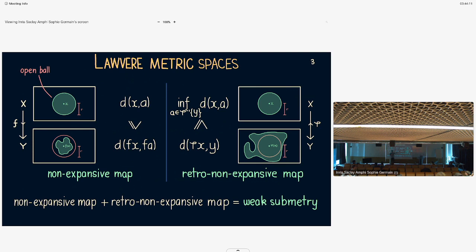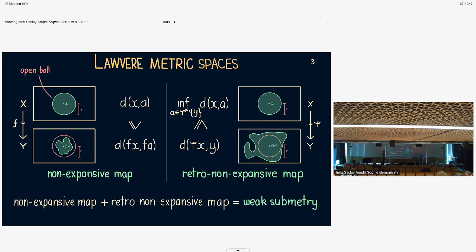And if you play around with this definition, it's equivalent to saying that if I take the open ball of radius r around x and look at its image under φ, that should contain the open ball of radius r around the image of x. So you can see that there's some kind of duality between these two definitions.